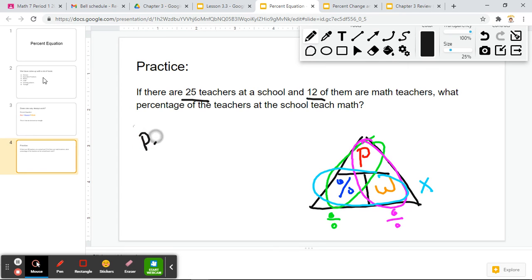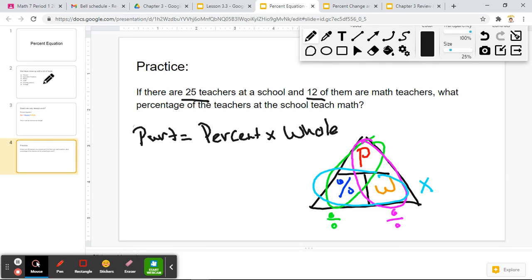So our percent is equal to the part times the whole. Or no, excuse me, let me rewrite this here. Our part, rather, is equal to the percent times the whole.